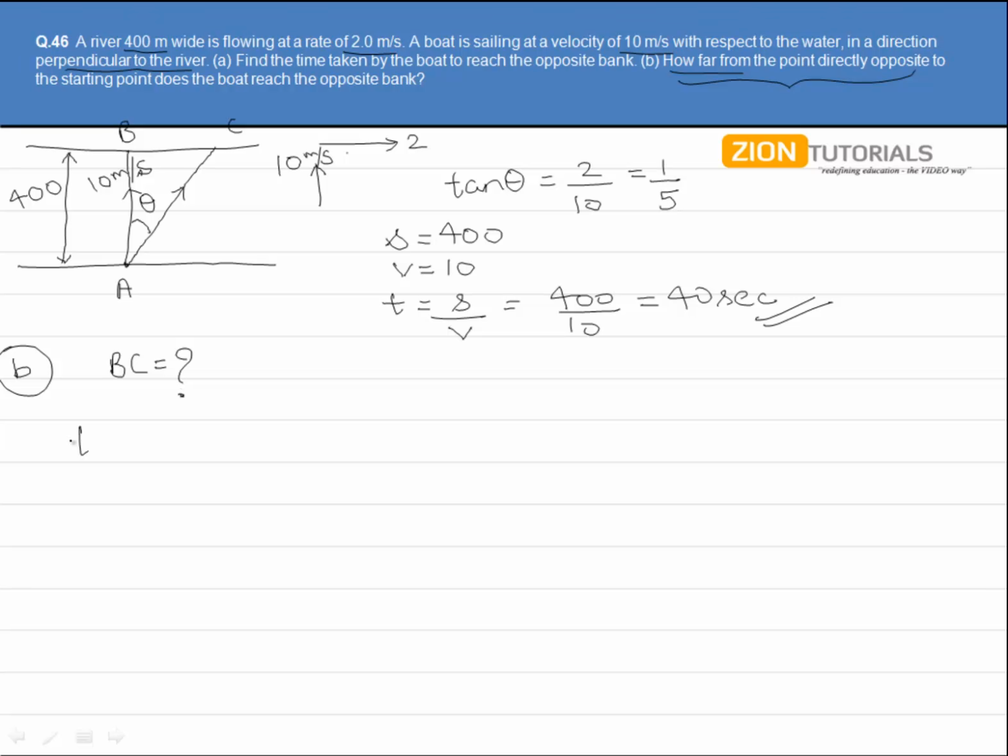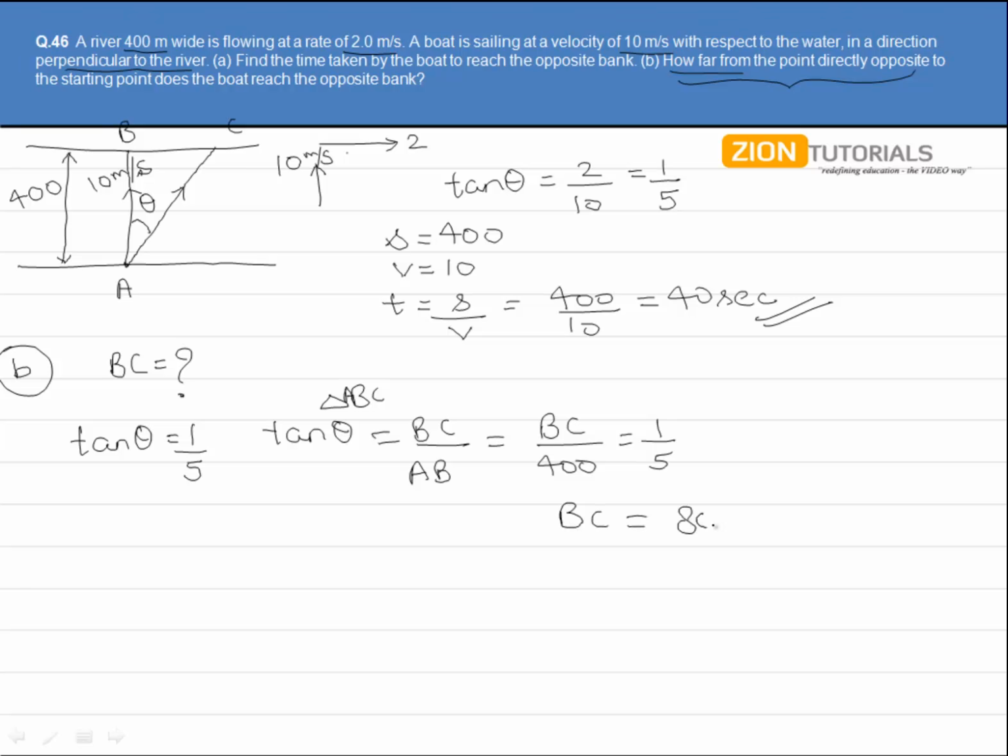Now, we have been given tan theta as 1 by 5 in the first part, and we know that tan theta from this triangle ABC is actually BC over AB. We can write it as BC over 400 equals 1 by 5, giving you BC equals 80 meters.